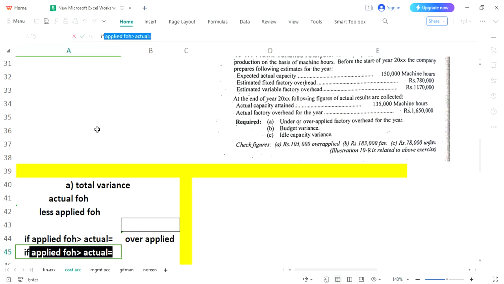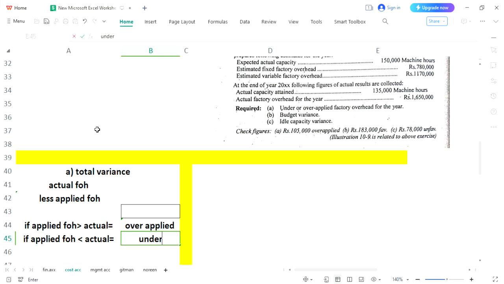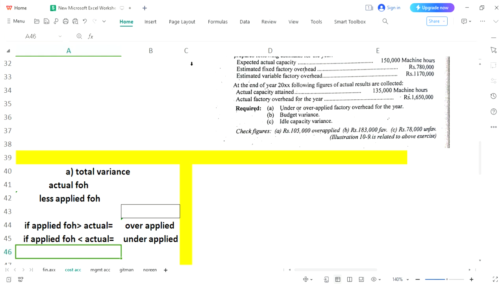And in case applied FOH is less than actual, that would be called under applied FOH. So in this way your first requirement would be completed.